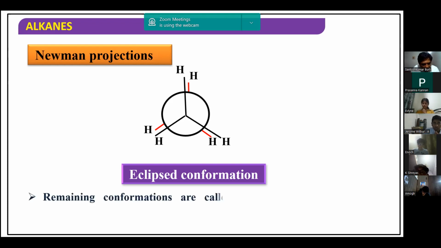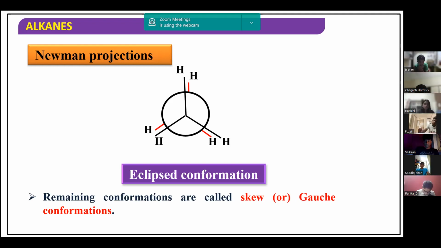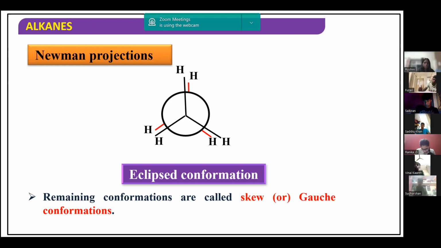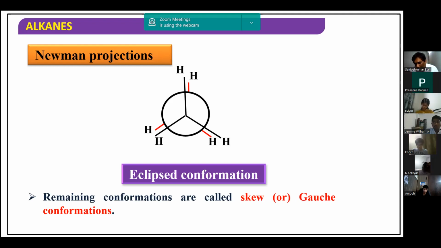Or did you understand the concept behind this? These are the two extreme cases I'm discussing here, nearest and farthest. The remaining conformations, whatever angle you rotate, are all called skew conformations or gauche conformations.